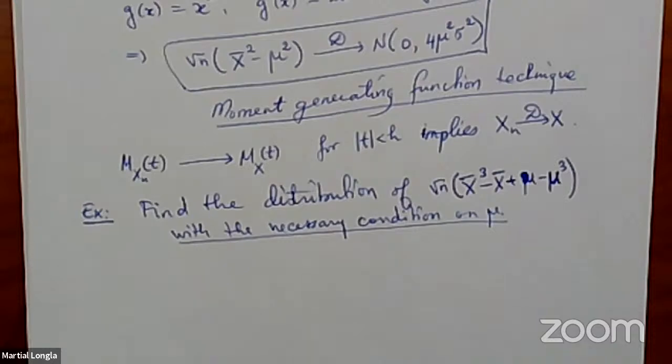What condition should be on mu for that distribution to hold? That's technically asking to repeat the same problem I just solved for this other one.